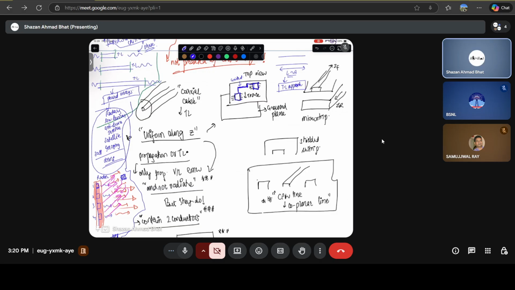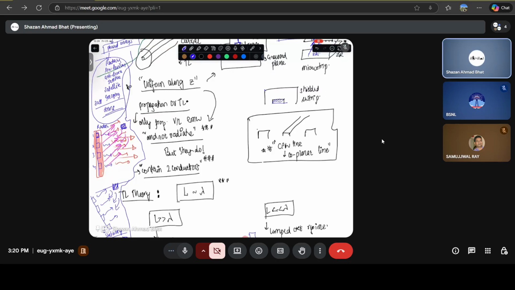If there is, let's say, a substrate, then there's a dielectric, there is a substrate, and there is a metallic strip over it. You can basically guide the electromagnetic waves through this metallic strip, and this acts like a transmission line. You can basically shield this metallic strip, and it can also act as a transmission line. Why is this shielding used?